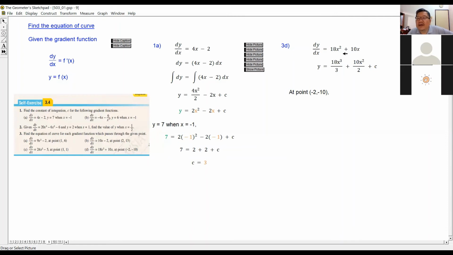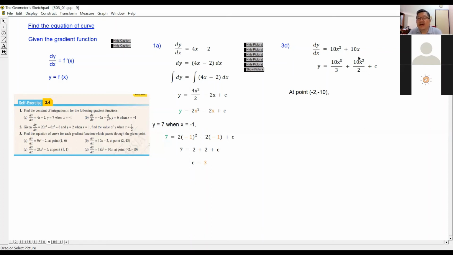Over here, I integrate 18x squared. The 18, you don't have to integrate. You just leave it there. You integrate the x squared. Integrate x squared becomes x cubed divided by 3. The 10, you don't have to integrate. You integrate the x, it becomes x squared divided by 2.